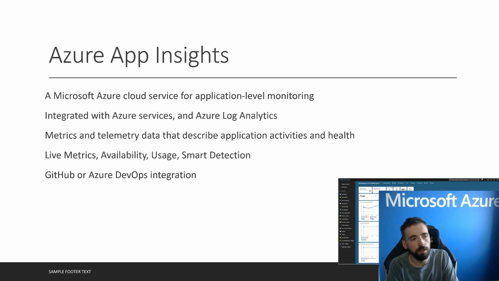We've then got usage, so we can get an idea of what features of the application are popular with the users, how they are being used and interacted with, so we can delve in with that kind of information as well. And finally, smart detection, so we can automatically detect failures and anomalies in the application.